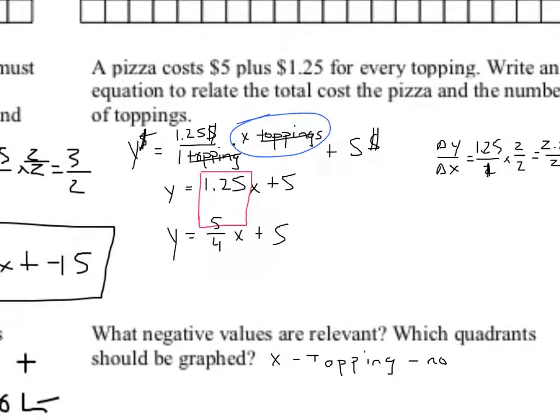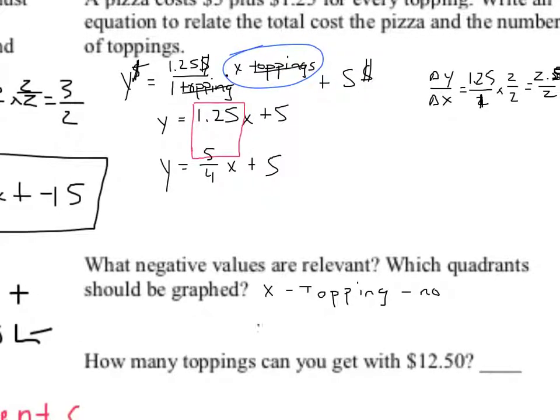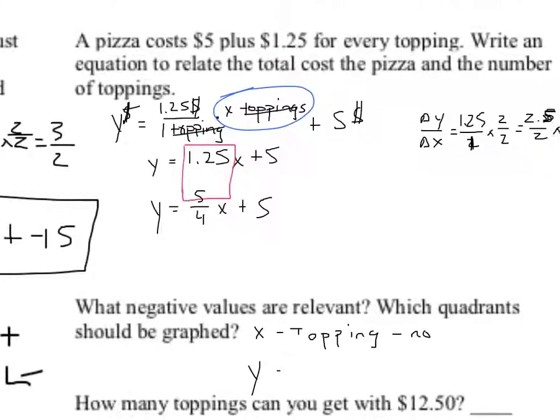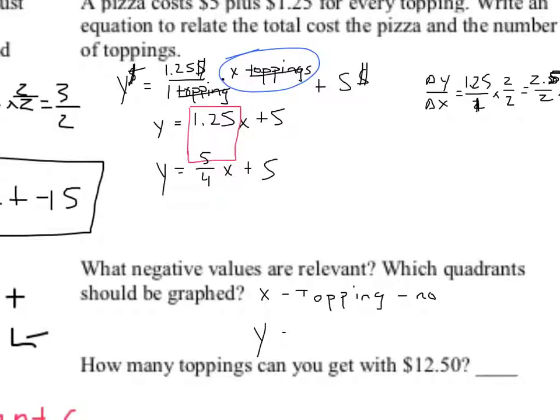What about y values? Our y values represent what? Omar. Money. Specifically, cost. If we are paying for a pizza, are negative values relevant?